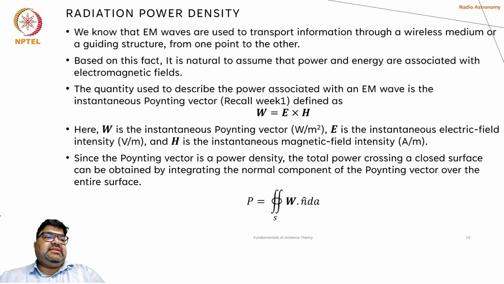After that, you calculate what is called W, the Poynting vector. When the Poynting vector is defined, you can finally calculate the power density, which is W dot ds, the normal component of the Poynting vector over the entire surface.